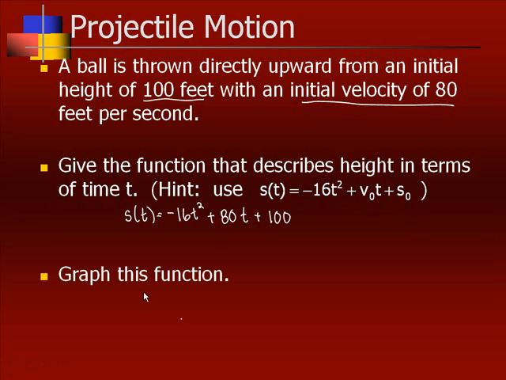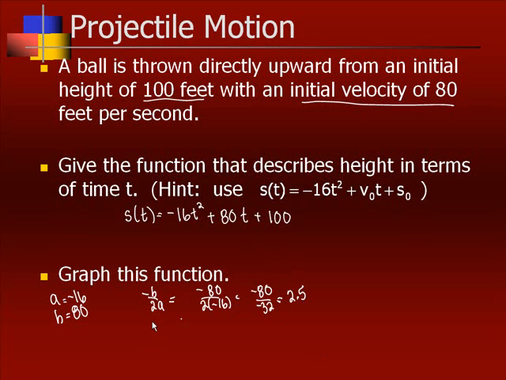Okay, to graph this function, we're going to do negative b over 2a. So a would be negative 16, b would be 80. So that would be negative 80 over 2 times negative 16, which is negative 80 over negative 32, which would be 2.5.